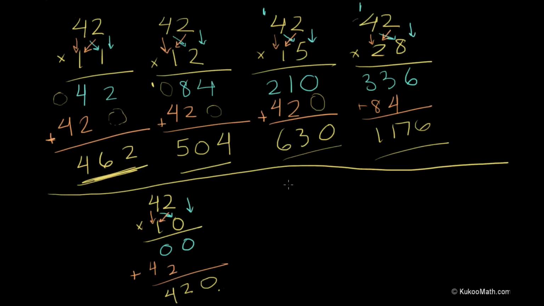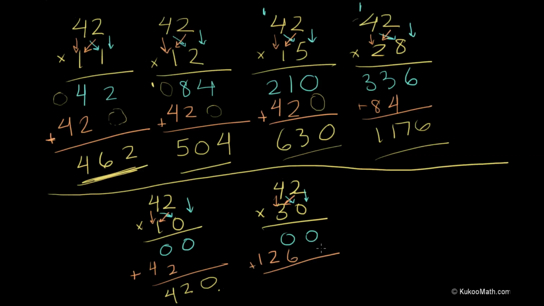Let's try one last problem. 42 times 30. Two times 0 is 0. 4 times 0 is also 0. 2 times 3 is 6. 4 times 3 is 12.